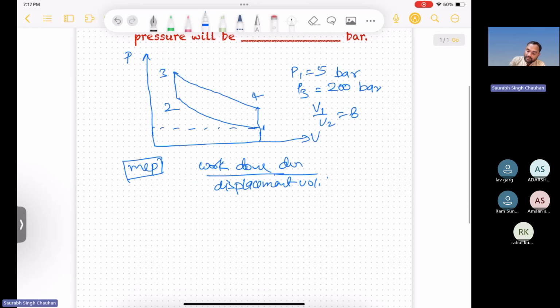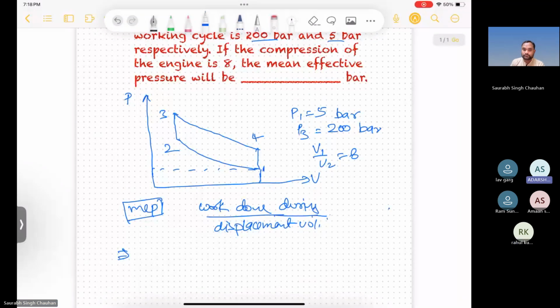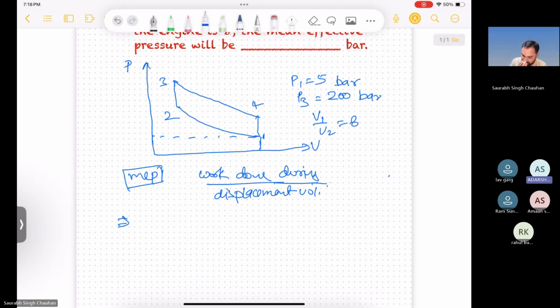So work done during the power stroke. Can you do it now? How to do it, sir? Cv (T3 minus T4)? Don't go on temperatures.